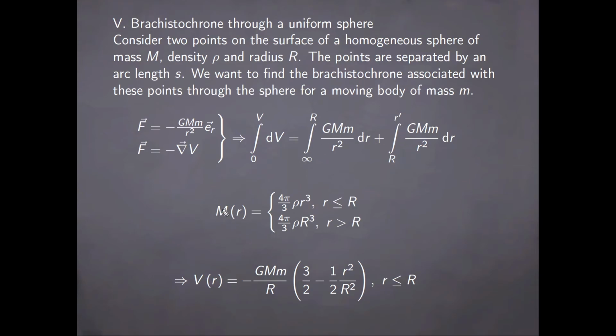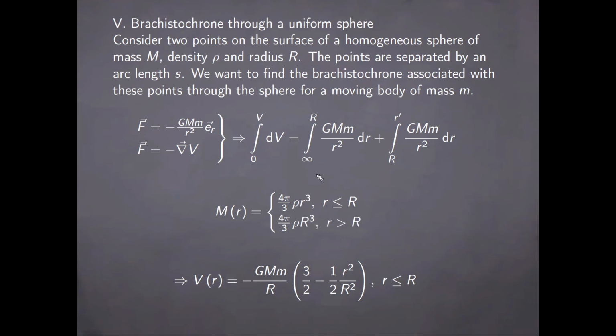And keep in mind that the mass of the sphere as a function of r is a variable quantity given by the formula here for r smaller than capital R, and is a constant outside of the radius of the sphere.